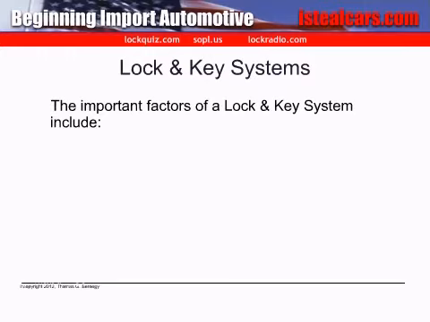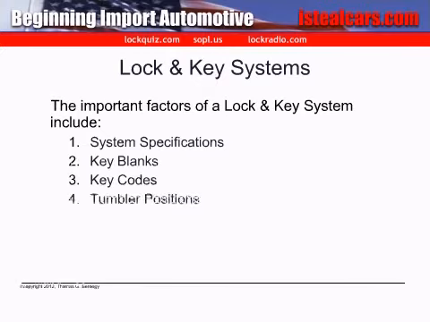These include system specifications, which include the dimensional characteristics of the system, like spaces and depths. Then there are non-dimensional characteristics that also help define the system. These include the key blanks, key codes, and tumbler positions. Let's cover these characteristics in a little more detail.